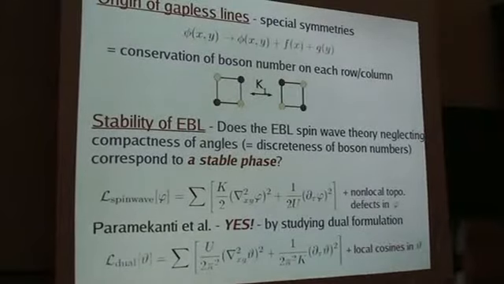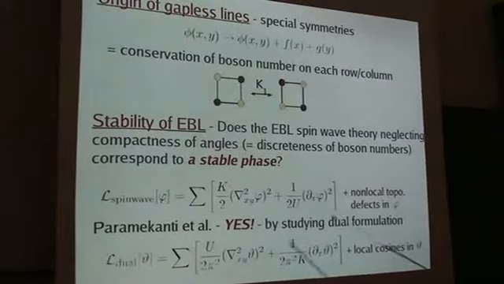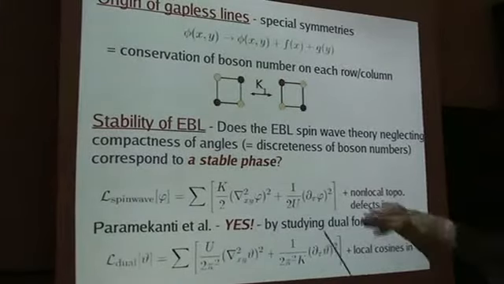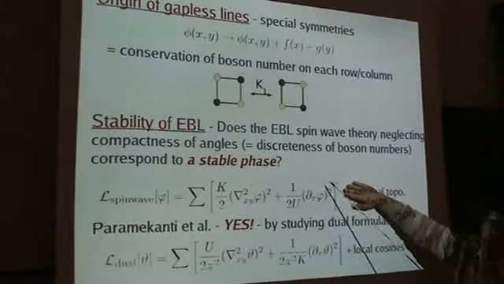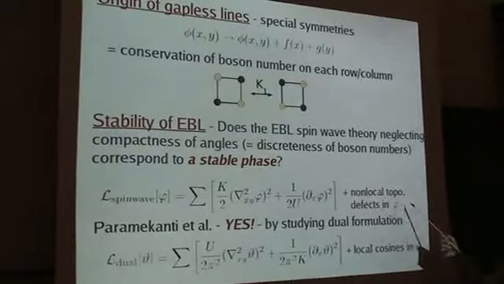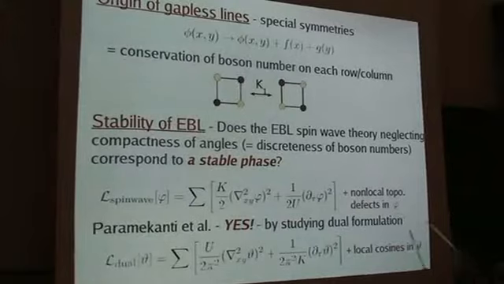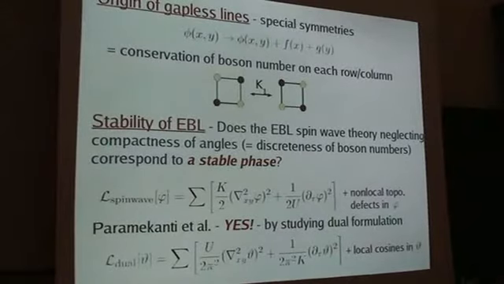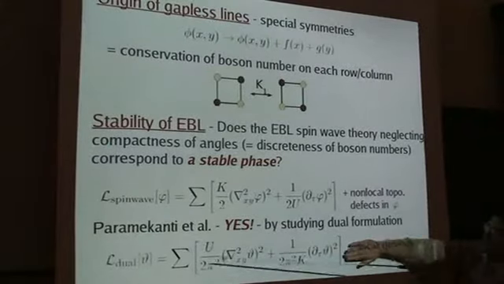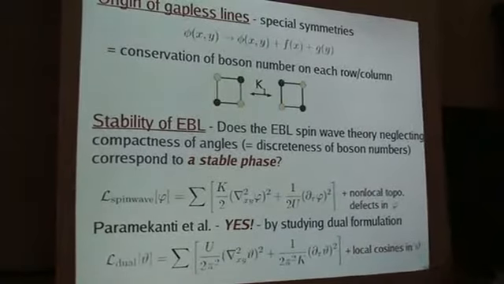Another question: you mentioned this compactness, but the action that you've written, it's already gone. Here it's gone. If you want a faithful representation allowing the cosine, you need to allow topological defects. It turns out that in the dual theory, allowing topological defects is like starting with the Gaussian theory and allowing some local cosines in this dual field.